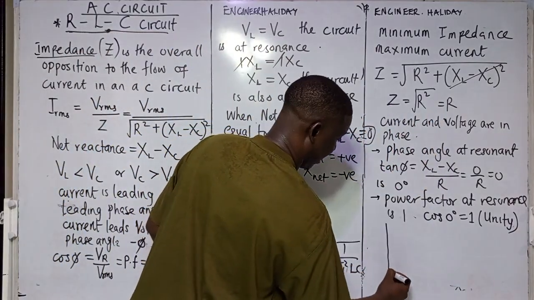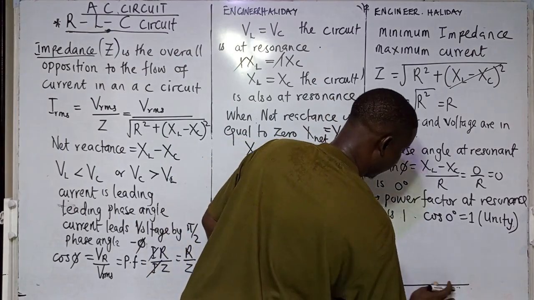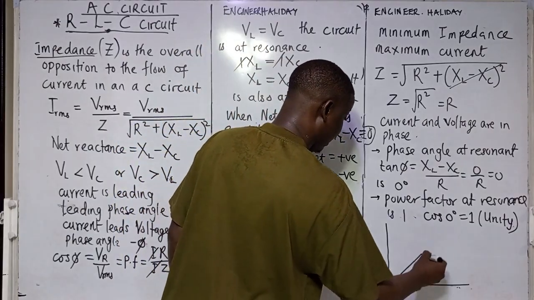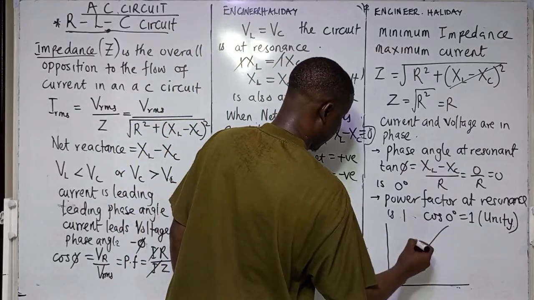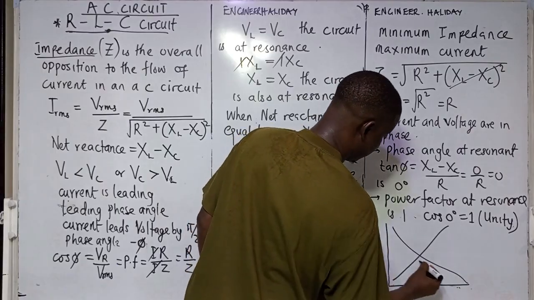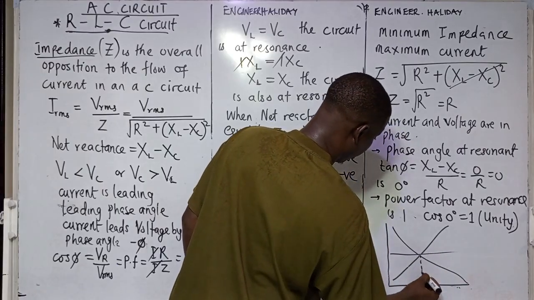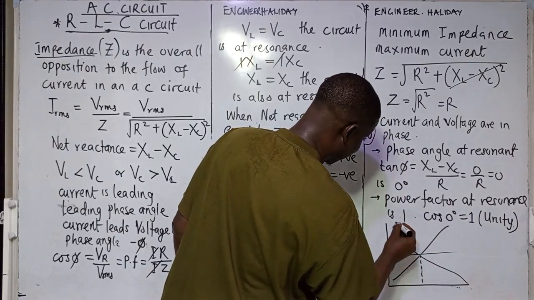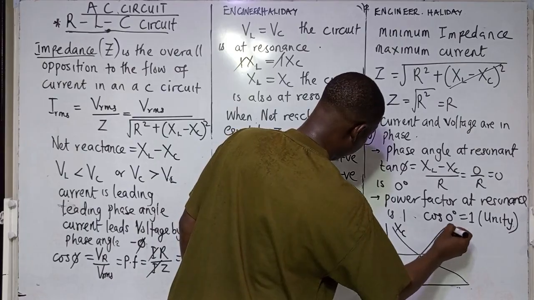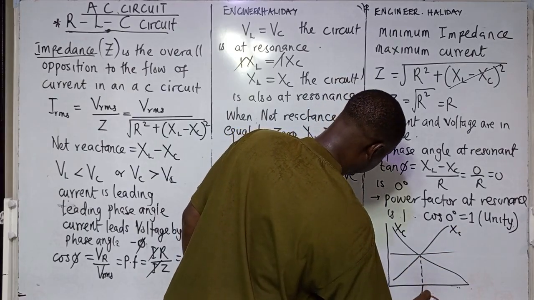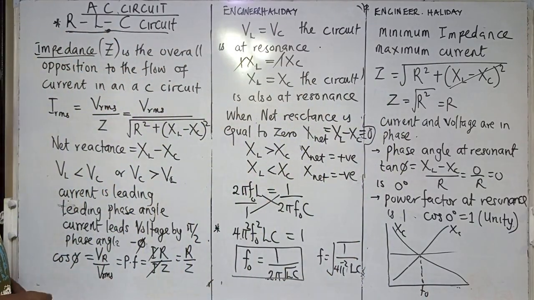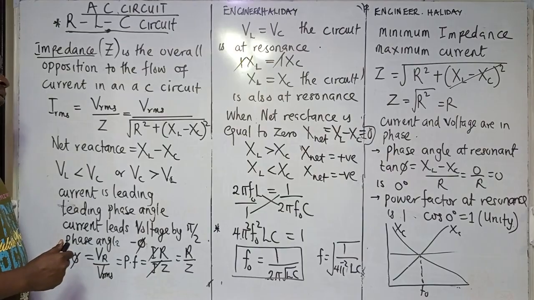That's why when you plot a graph of resonance to show the resonance frequency, we have the XL curve and the XC curve. Then we have the point where the two of them meet, which is what we call the resonance frequency.